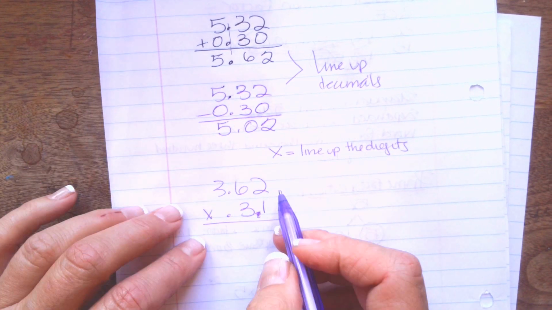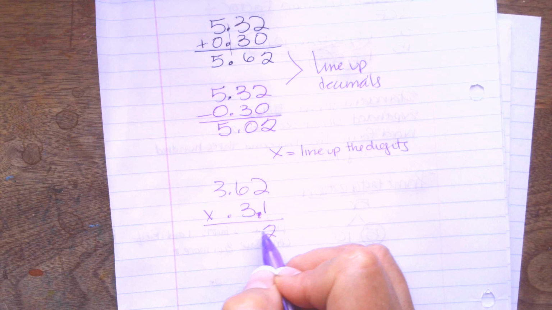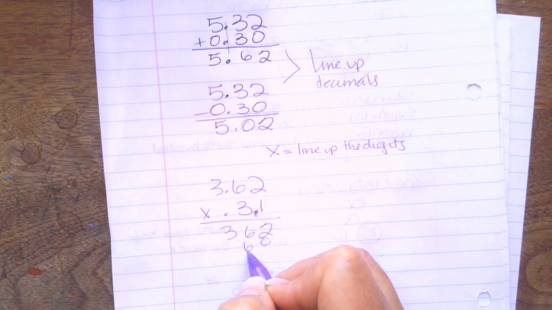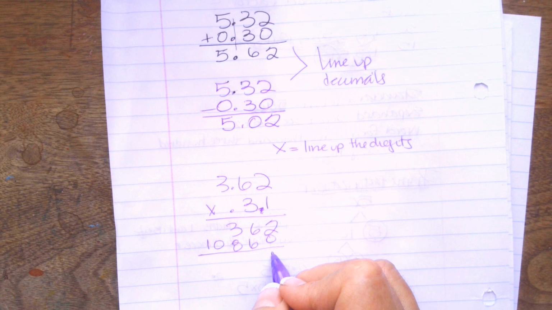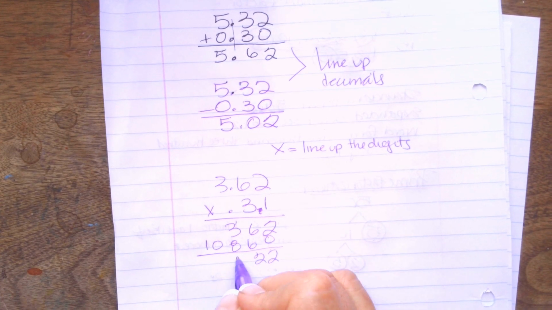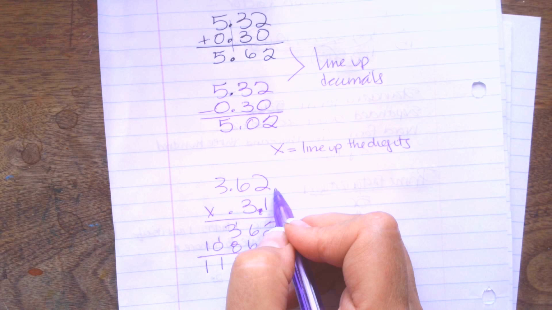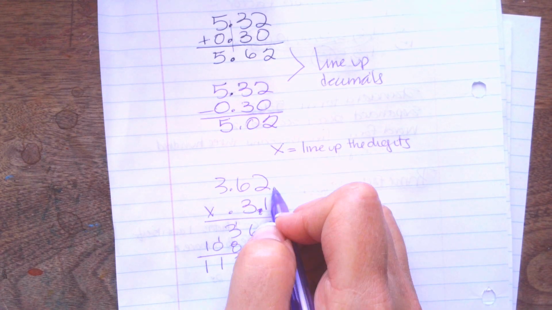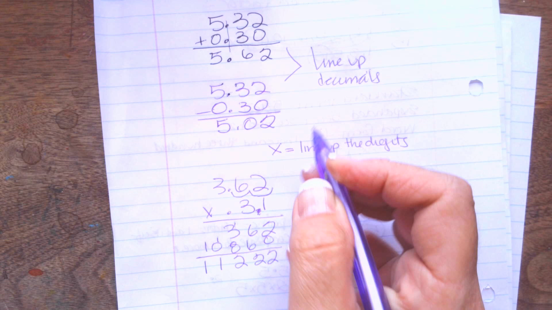Okay, so step 1 is to just do your regular old multiplication. And then add. And now we count from the back. How many jumps does my decimal go in here? 1, 2.